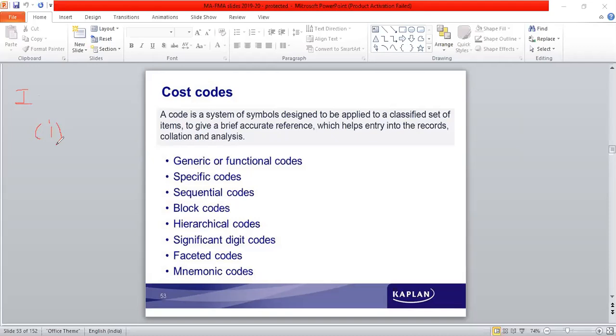Or it can be alphabetical, with alphabets like capital A, B, C, D, or small a, b, c, d, and so on. Or it could be a combination of numbers and alphabets, alphanumerical, or certain special symbols also can be used. So there are various ways in which codes are allotted, which makes it easy to have a proper classification identified by the codes.